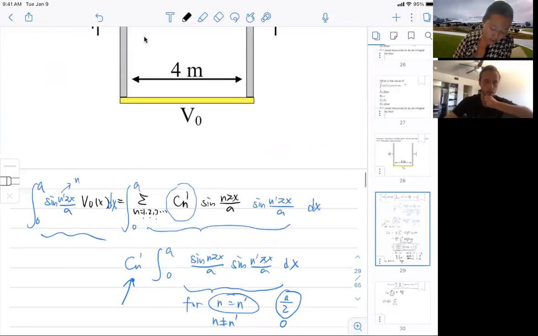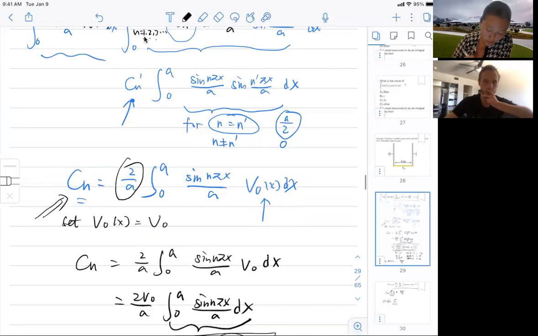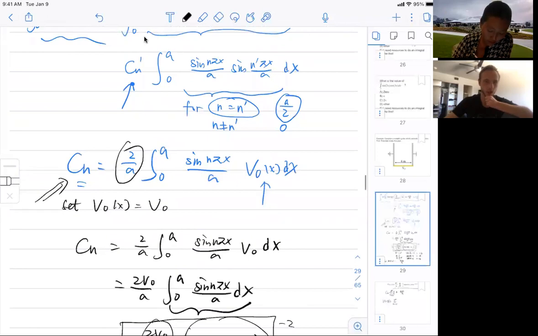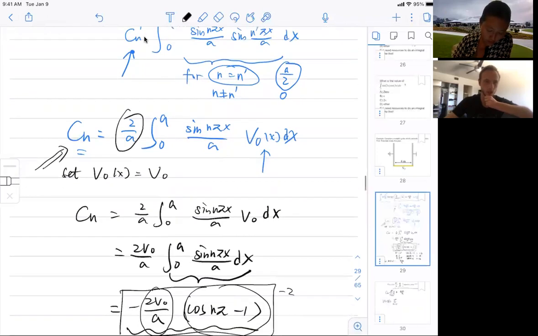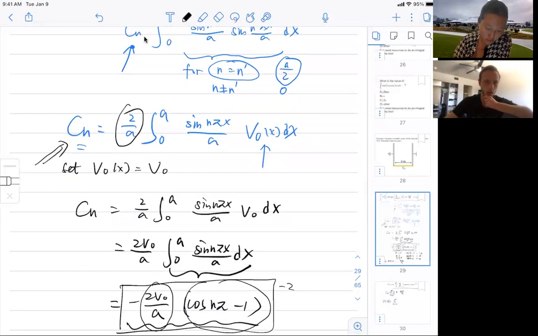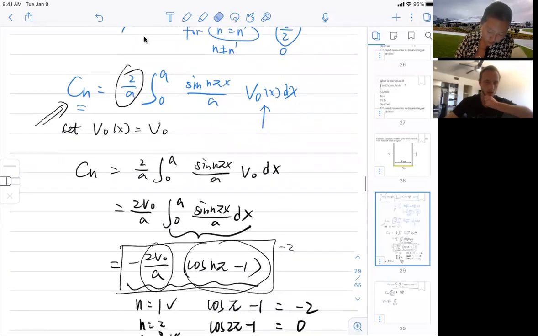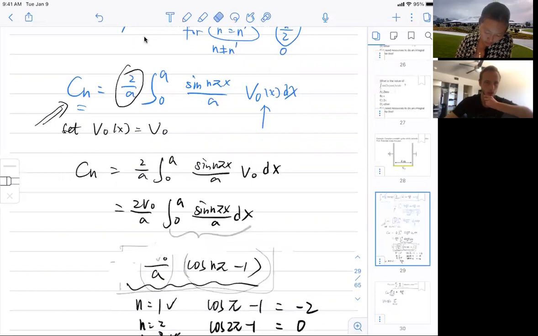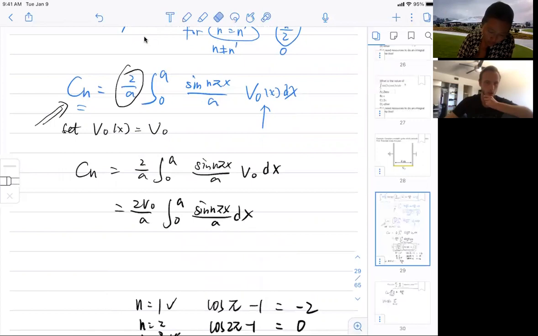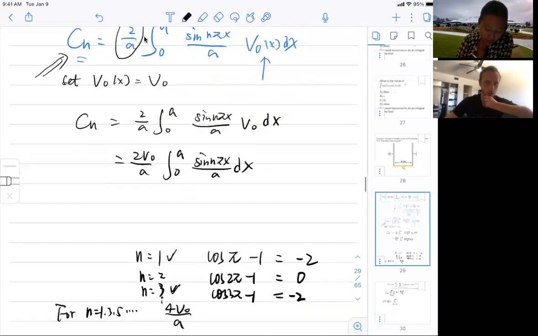Oh, I'm sorry. Okay, so I messed up here. All right, corrected. Going back to the step.